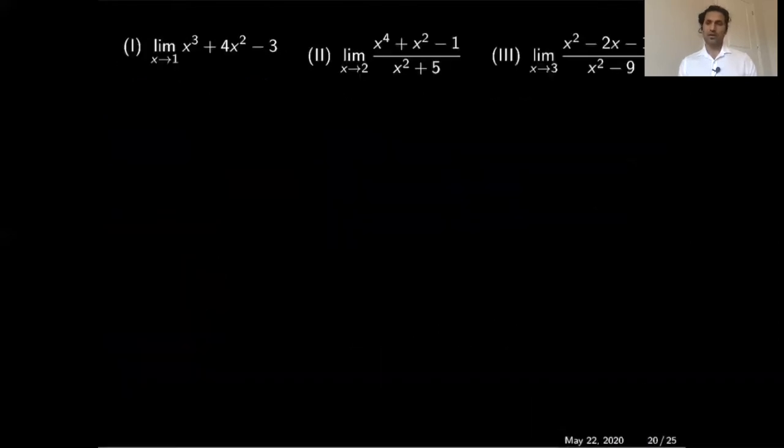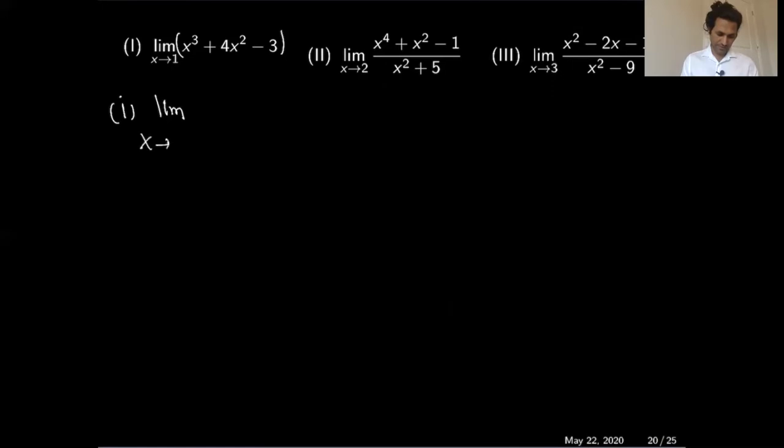Let's practice these laws on some examples. Here I have 3 different examples where we will use these basic laws of limits. In the first example, I see this function is the sum or subtraction of 3 different functions.